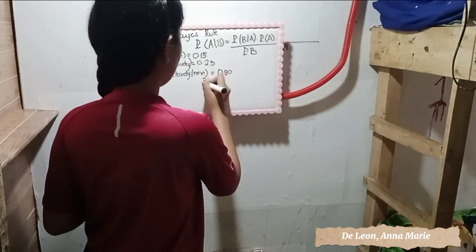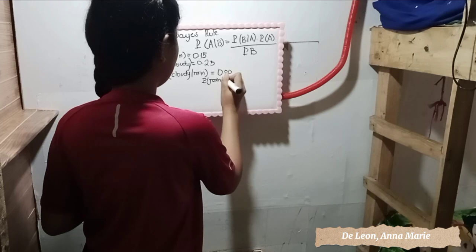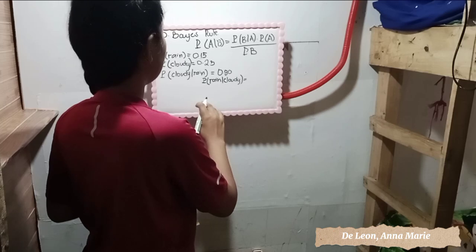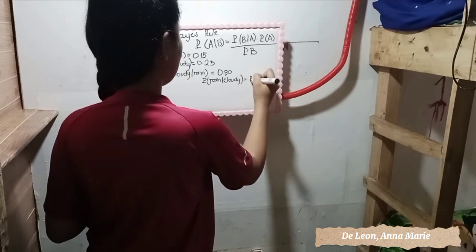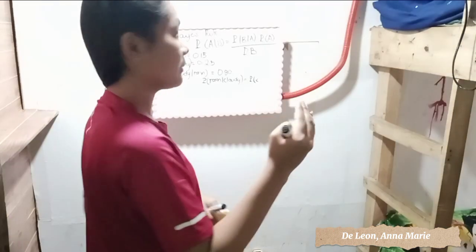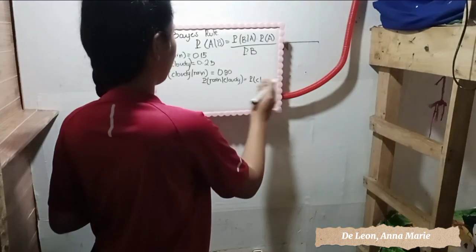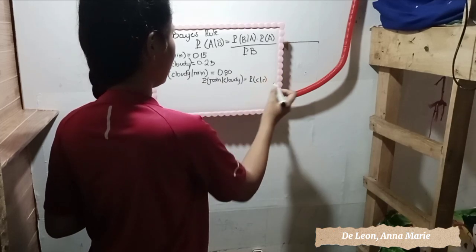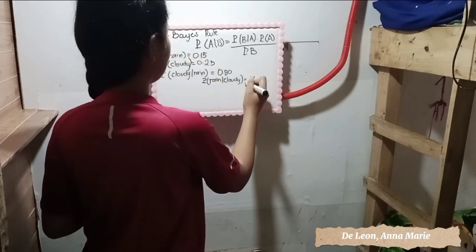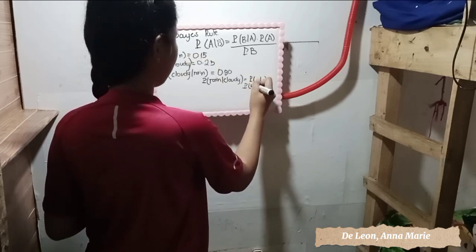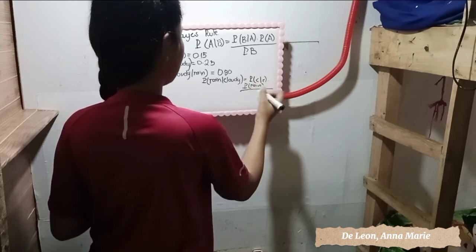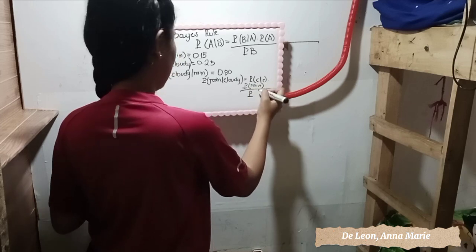The probability of rain given cloudy is equal to the probability of cloudy given rain, where C represents cloudy and R represents rain, times the probability of rain, divided by the probability of cloudy.